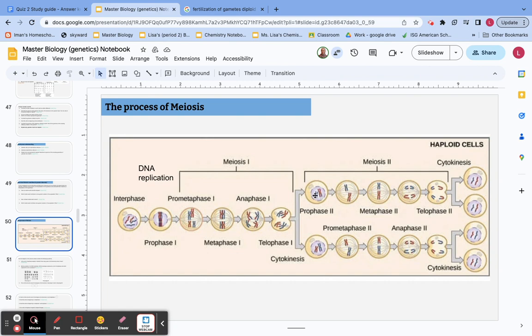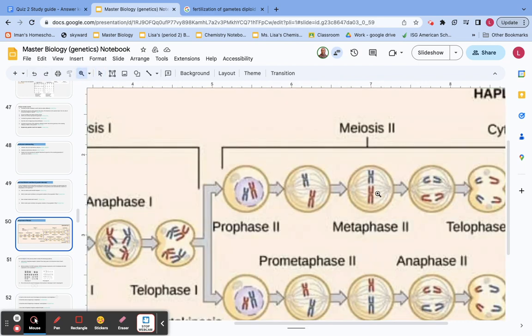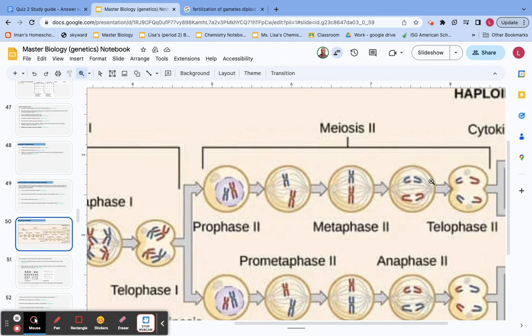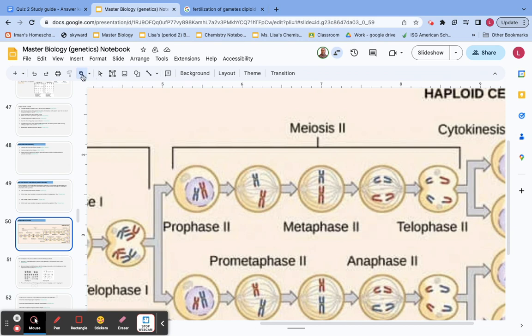We have 1 long chromosome, 1 short. So we're not separating homologous chromosomes because we only have 1 of each, right? In meiosis 2, we're going to be separating the sister chromatids, right? So this chromosome here has 2 sister chromatids attached to the centromere. We're going to be splitting those sister chromatids into separate cells.